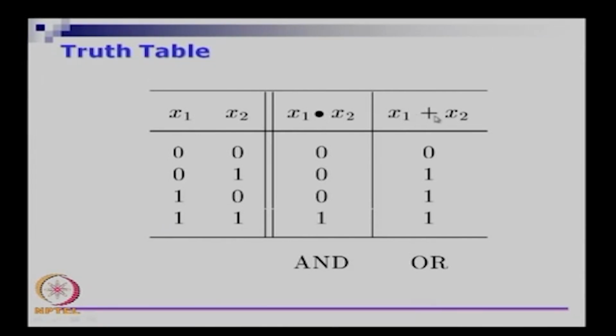So always read the plus as OR for the first few lectures or so, and once you are comfortable with this notation that plus is OR and dot is AND, then you can say dot and plus. Till then I would recommend that you use AND and OR. So as of now, this column is for x1 or x2, and we use the symbol plus for OR.